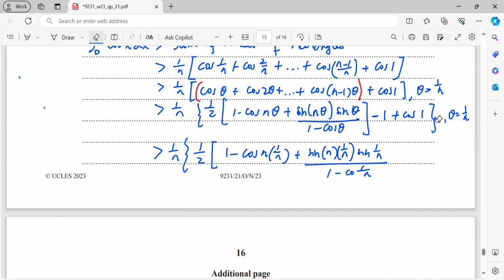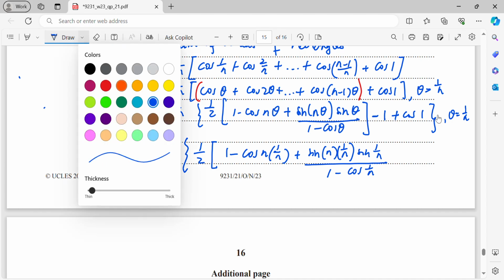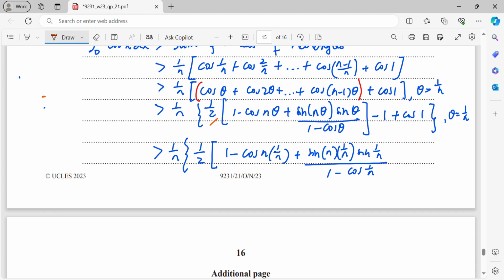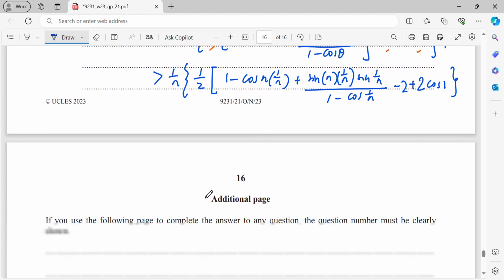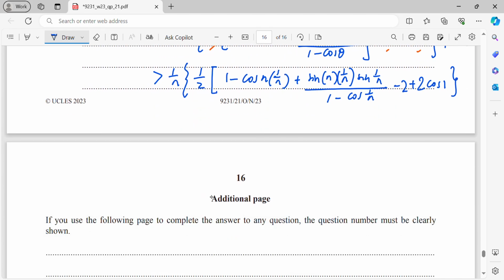Then now you close the bracket. If I want to take out half from these two terms, that means I have to times 2, right? So when I times 2, it becomes minus 2 plus 2 cos 1. Then from here, I will just say this is greater than 1 over 2n.